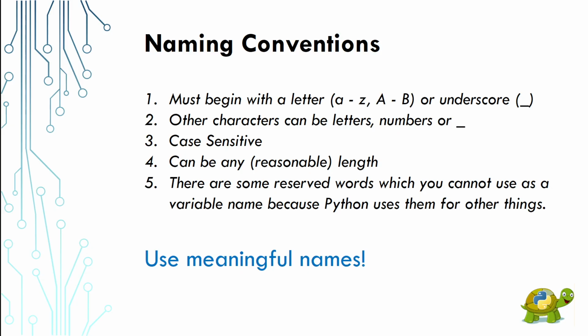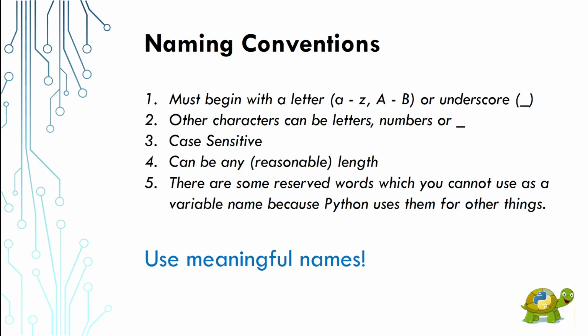After the first letter, you can have any combination of lowercase, uppercase, numbers, as well as the underscore. So numbers are allowed in variable names just as long as it's not the first character. Thirdly, variables are case sensitive, which means capitalization matters. If you write two variables with different capitalizations, Python will think of them as two separate variables. So again, your spelling has to be exact.